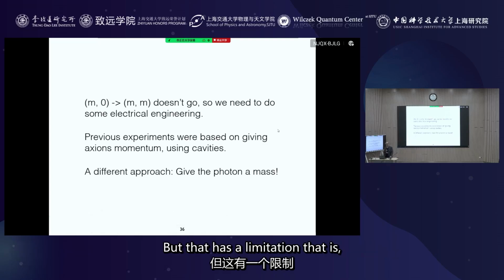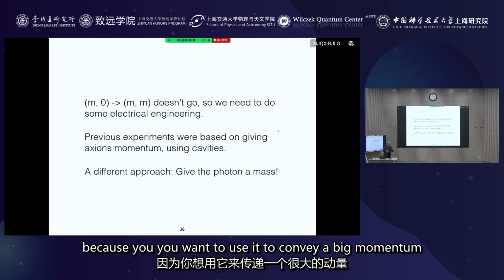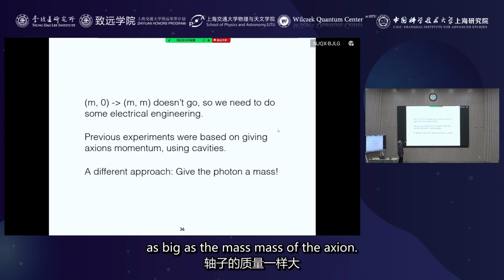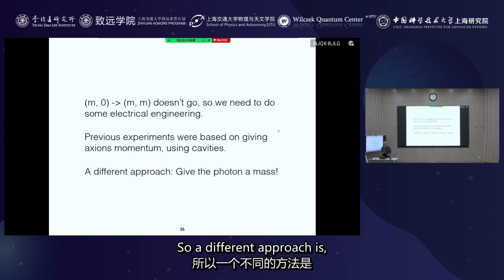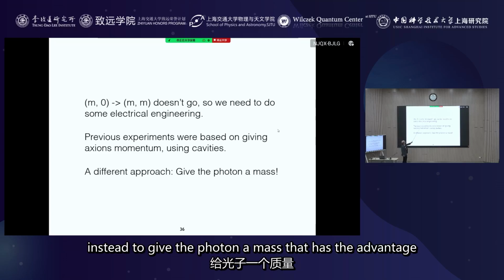But that has a limitation. That is, you've made the box small because you want to use it to convey a big momentum on this scale, as big as the mass of the axion. So a different approach is instead to give the photon a mass.